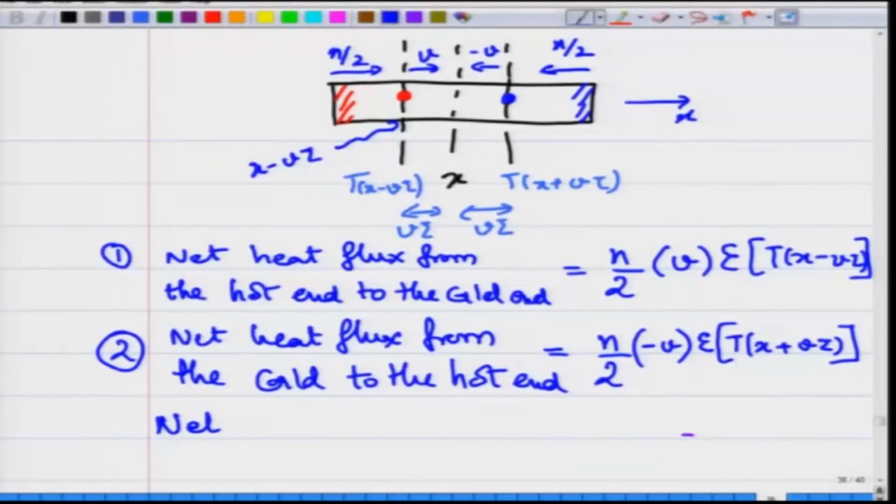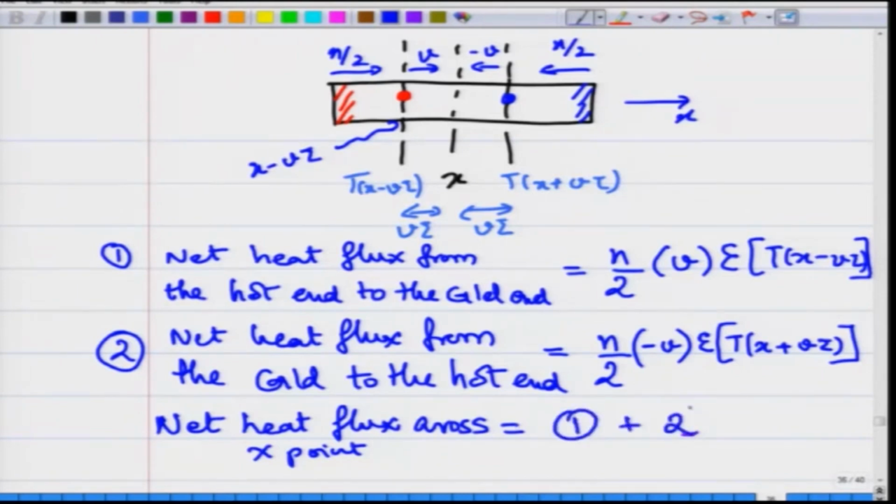So, the net heat flow, the net heat flux across x point is just the sum of 1 and 2. You just take the summation of these two terms in this simple one dimensional picture.